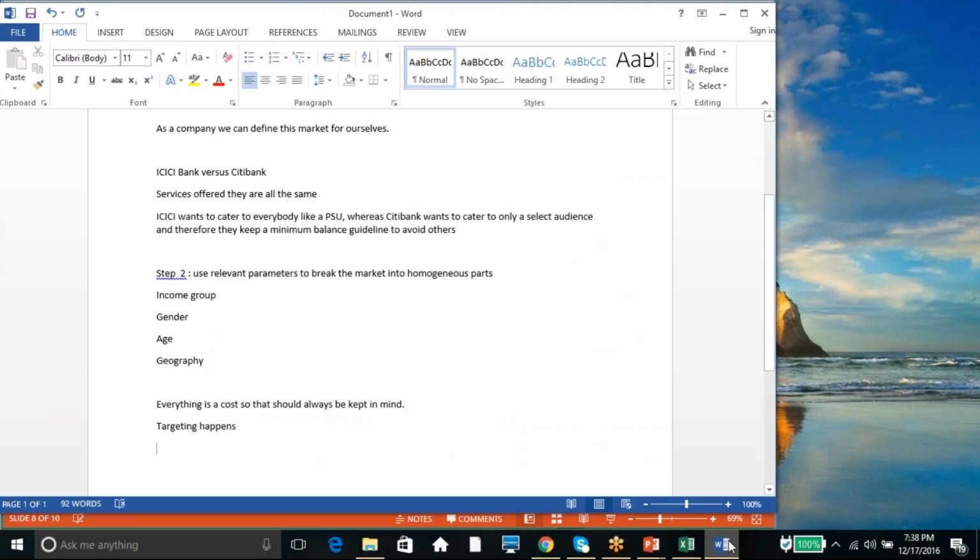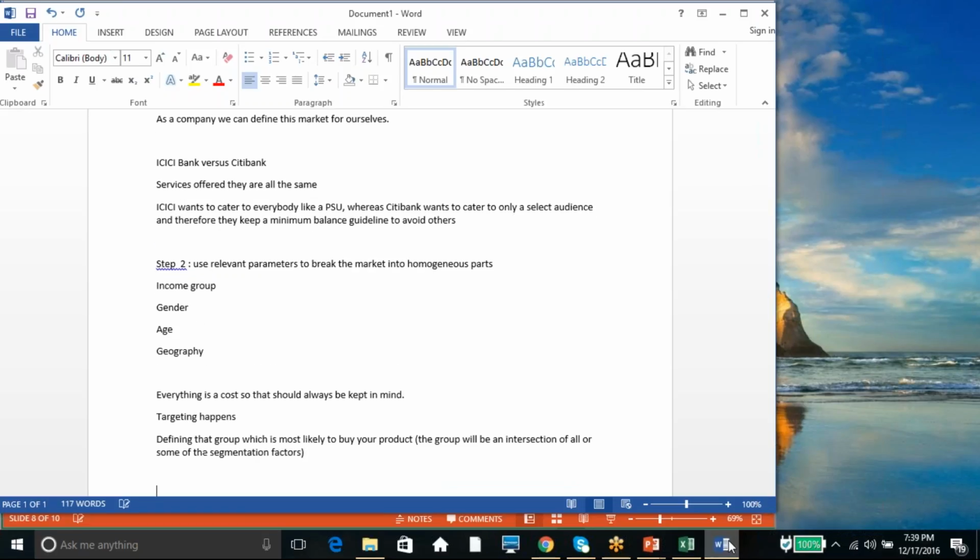So for the targeting piece, you have to start defining that group which is most likely to buy your product. The group will be an intersection of all for some of the segmentation factors.